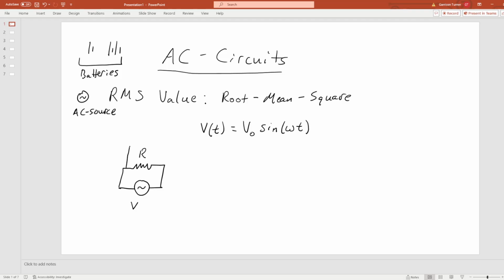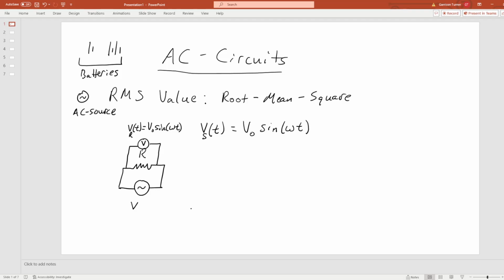Now, suppose we connect a voltmeter across the resistor. What will it do? Well, technically, the voltage across the resistor also has to be a sinusoid with time, and it actually has to match the signal from the source. Let's call this V sub R and this V sub S, R for resistor, S for source.